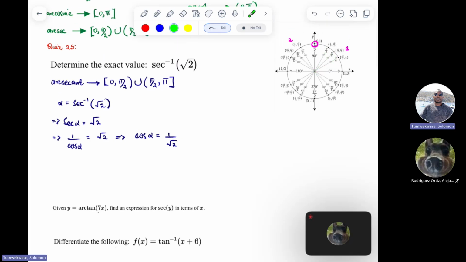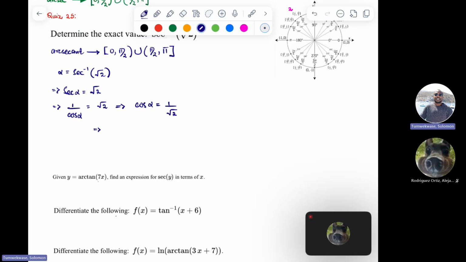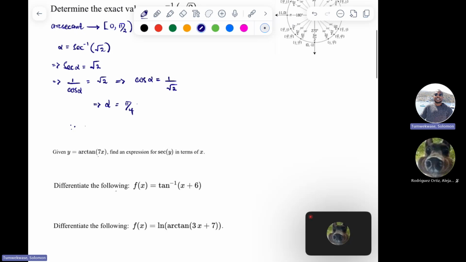And that alpha, for which the cosine is 1 over square root of 2, is right there, okay? Which means that this alpha is the same as pi over 4. So what we are saying, therefore, is that the arcsecant of square root of 2 is equal to pi over 4.